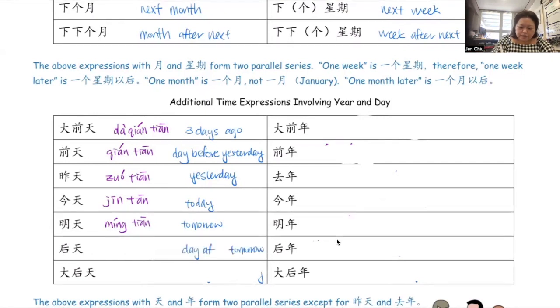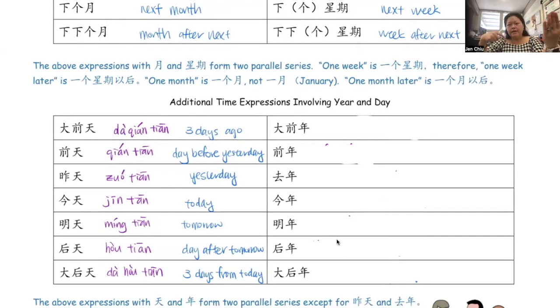And 3 days after will be 大后天. So spend some time looking over this again. From first to last, it'll be 大前天, 前天, 昨天, 今天, which is today. Now you go 明天, 后天, 大后天.